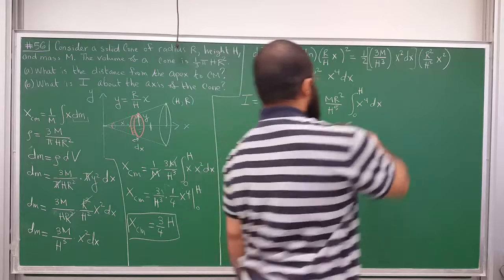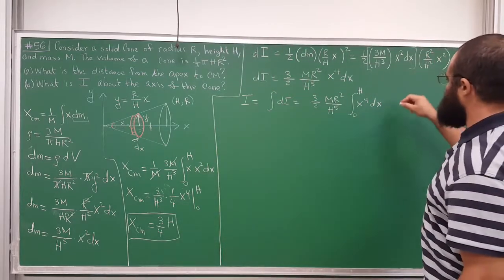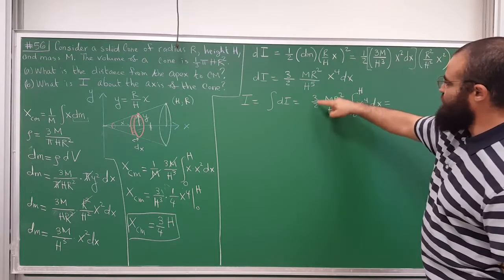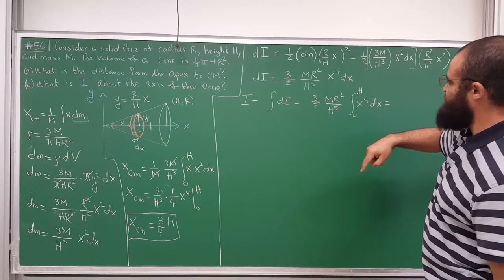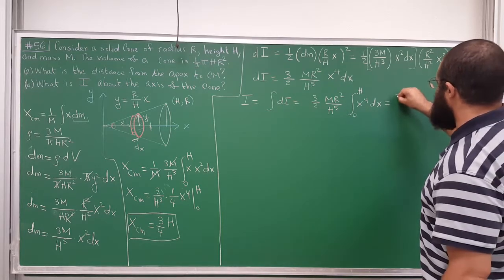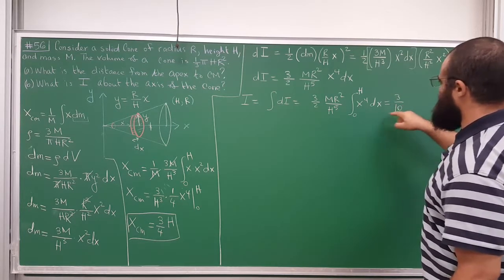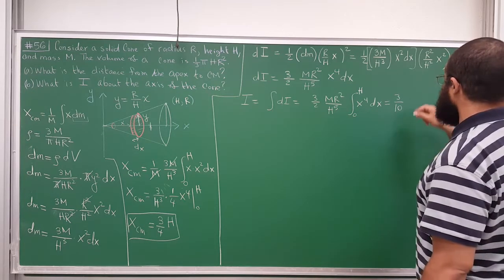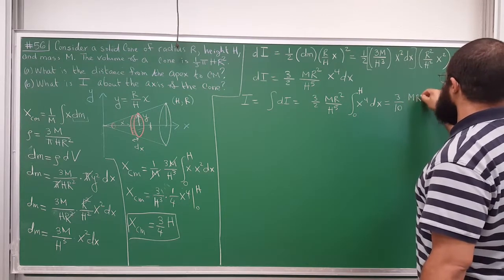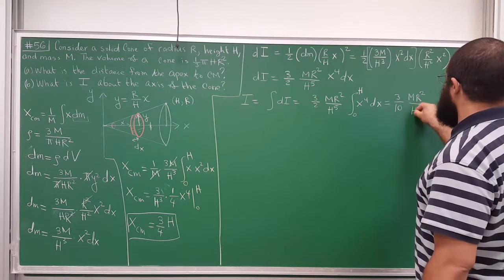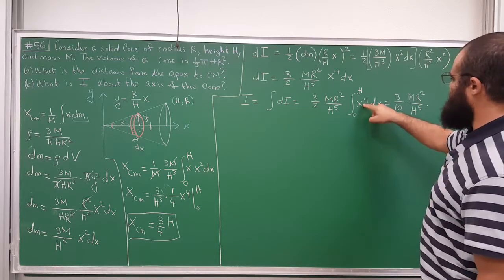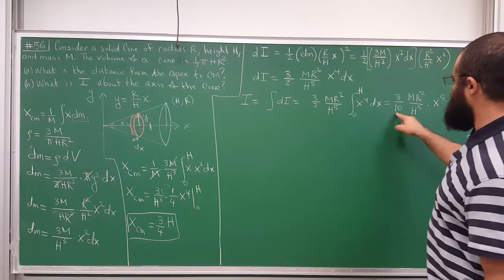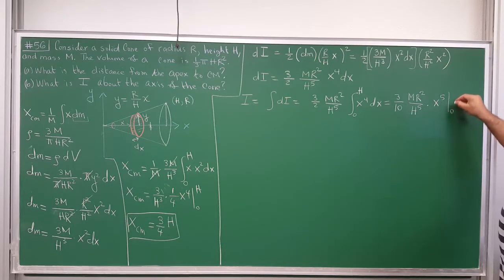And what's the integral of x to the 4th? It's x to the 5th over 5. But when you have a 1/5 and you multiply it by 3/2, it becomes 3/10. The 10 comes from the 1/5 you get by integrating multiplied by 2 on the bottom. And then here I have Mr squared, h to the 5th, and when you integrate you get x to the 5th over 5, evaluated between 0 and h.